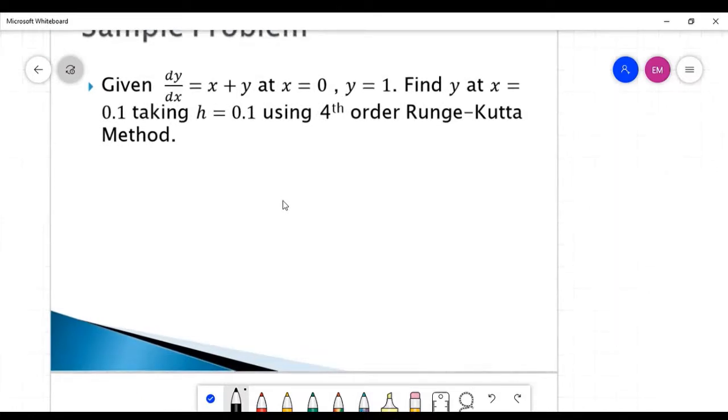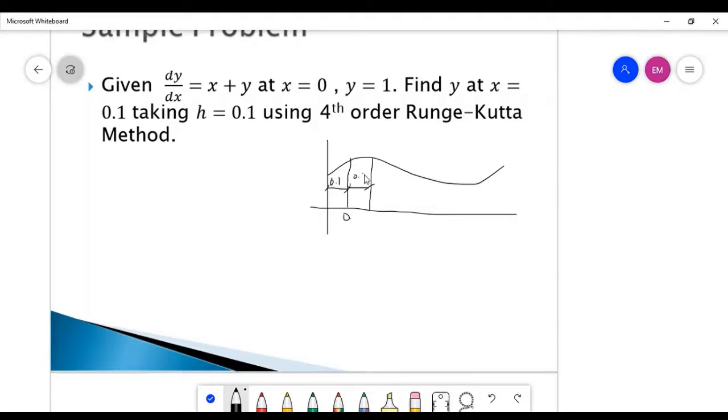So, here we will draw the graph. Here is our function. Our h is the interval, which is 0.1. So, if h is equal to 0.1, of course, the next one would be another 0.1.